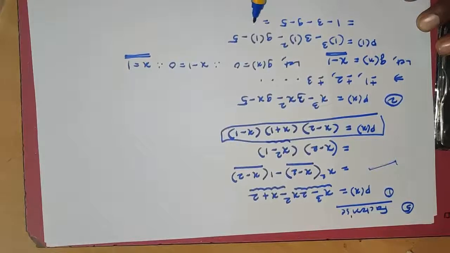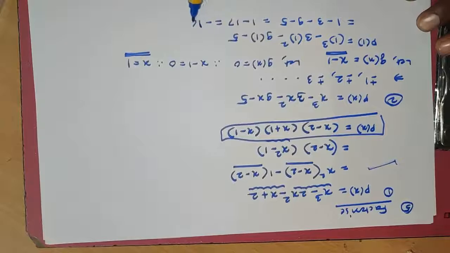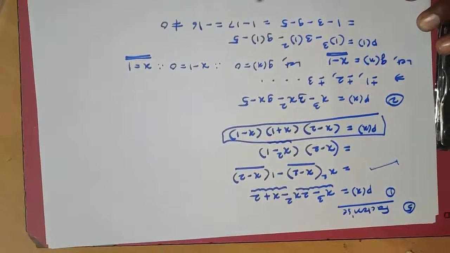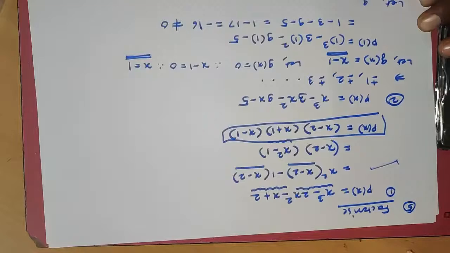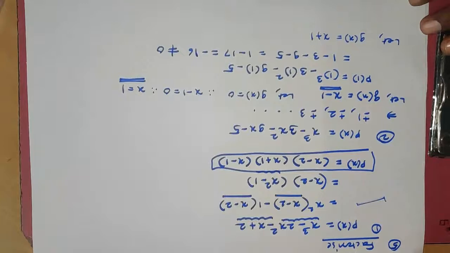So this is 1 minus 17, which is minus 16, which is not equal to 0. So x minus 1 is not a factor of the given polynomial. So now I will consider the next, g of x as x plus 1, and I will verify whether x plus 1 is a factor of the given polynomial or not.